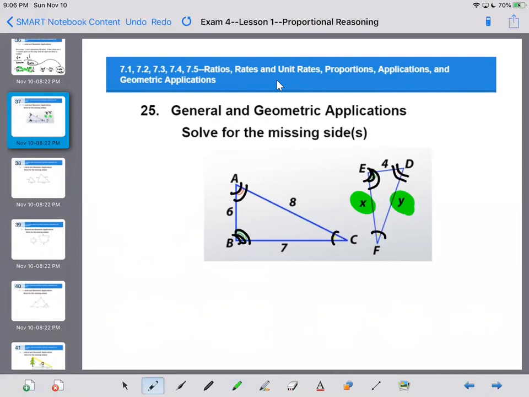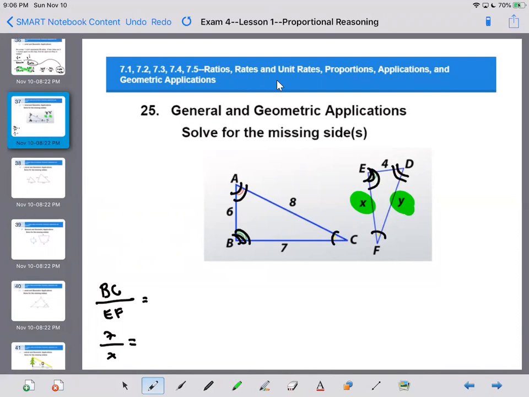So notice that X is E to F, which is 3 rings to 1 ring. Well, EF is going to correspond to BC. So BC will correspond to EF. And we know BC, so BC is going to be 7, and EF is X. So I need to compare something else that I know, and that would be DE.